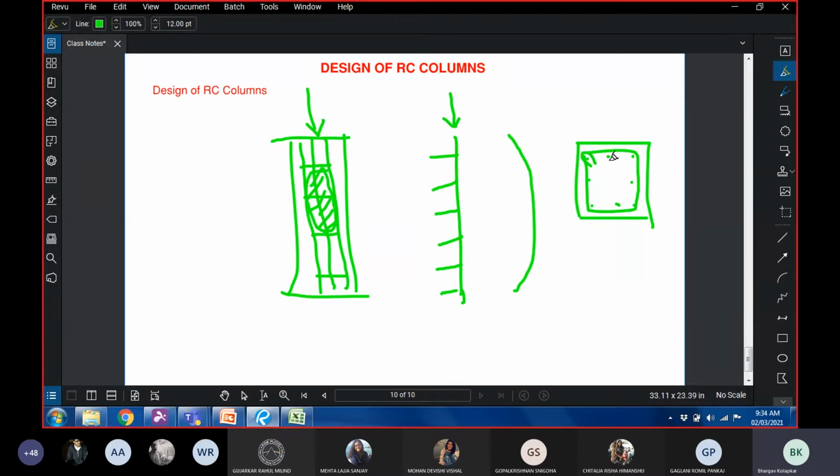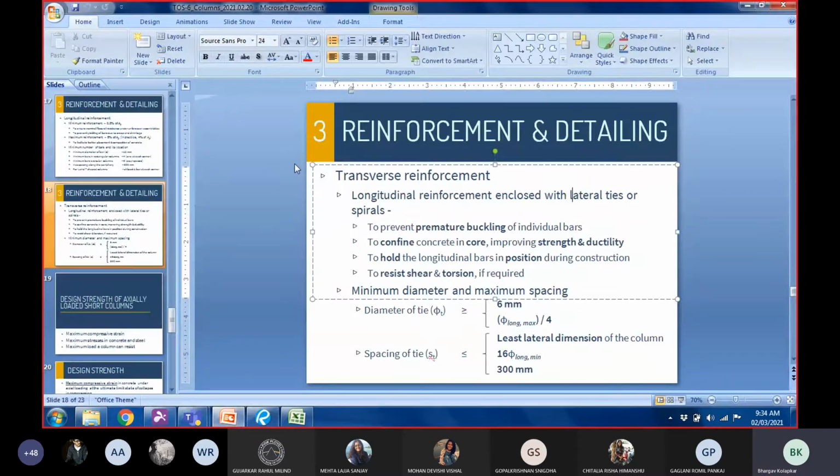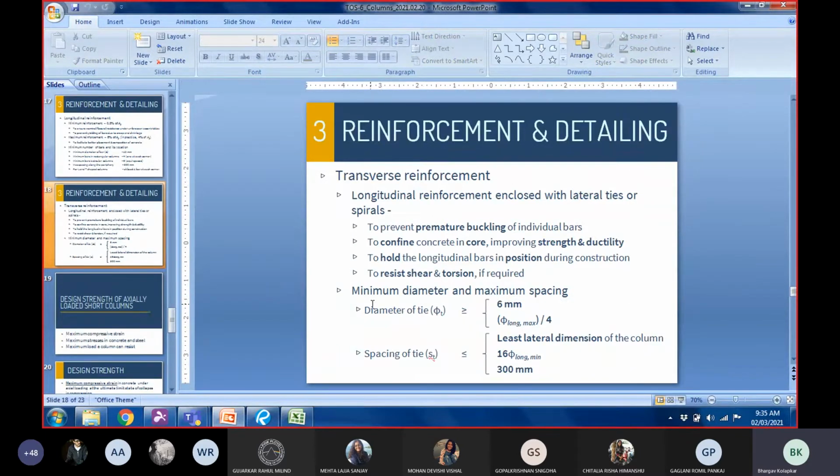What this transverse reinforcement does is that it confines the concrete in this region. And it has been experimentally found that confining not only improves the strength of concrete but also the ductility of concrete. So this is an important function that the transverse reinforcement performs.